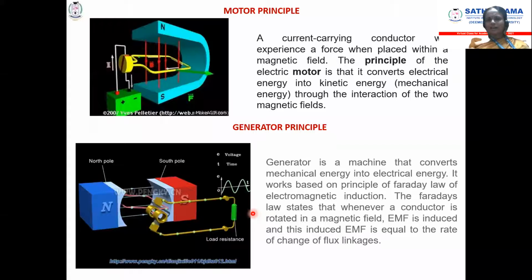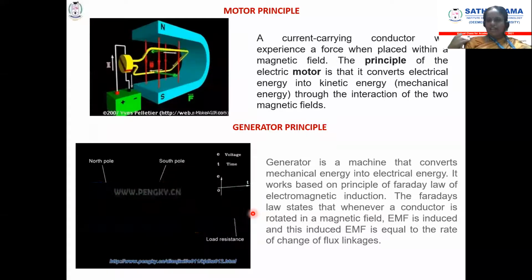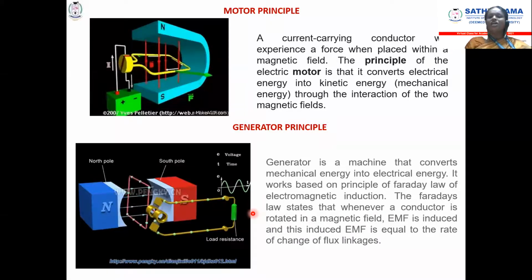But you have to understand that only through the interaction of electric and magnetic fields does energy conversion take place. Otherwise the energy conversion will not take place. In any electrical machine working under the principle of a motor, generator or transformer, if energy conversion is to take place, the interaction of electric and magnetic fields is very important.